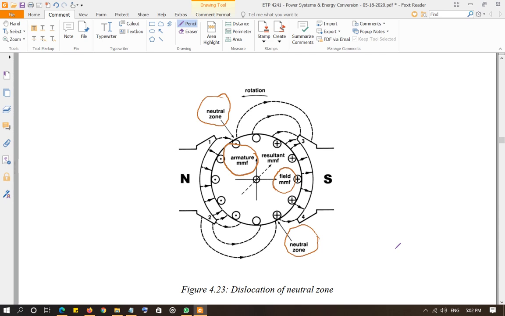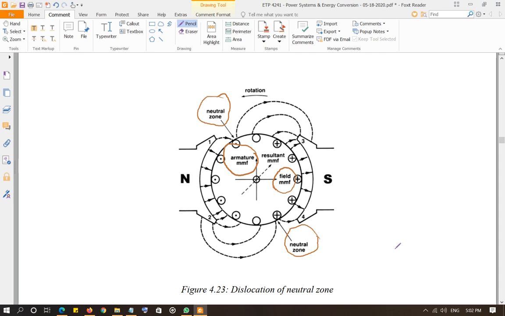Again, it is hard to do because it's the interior part of the generator. But theoretically, if you know this much current is going to be flowing all the time when the load is connected, and the generator is never operating without load, then one time you can go ahead and put the brushes along the new neutral zone, and the problem will be solved.